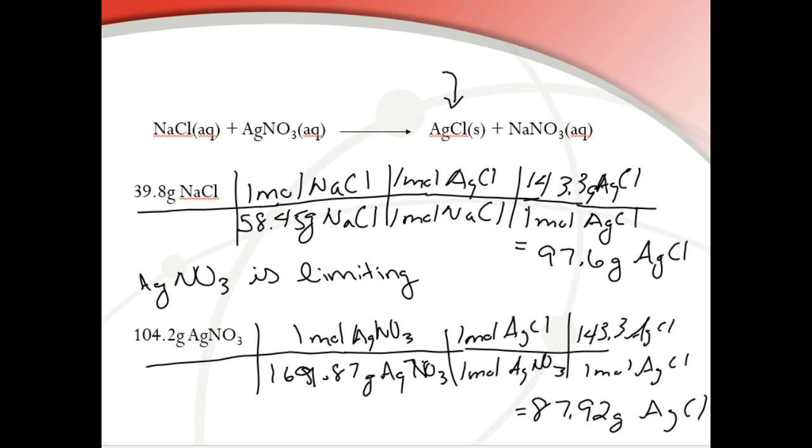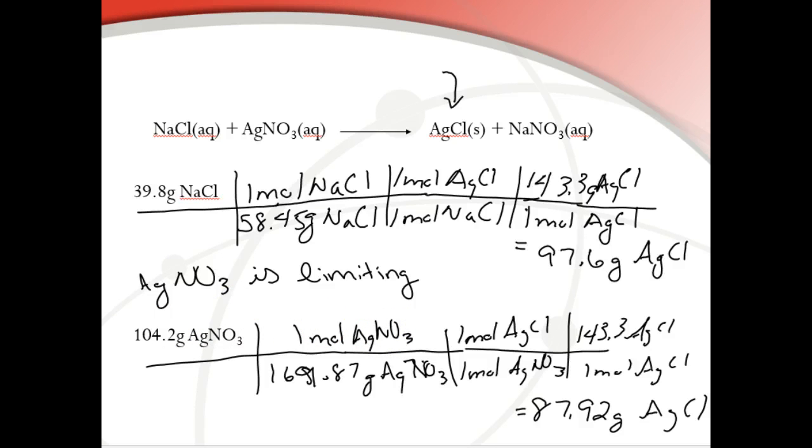Now, so that's limiting reactant, but what are the other two? We've got limiting reactant, theoretical yield, and percent yield. Well, the nice thing is, if you do it this way, theoretical yield is done for us. The theoretical yield is defined as the amount of product that you can theoretically make if you react all of your reactant.